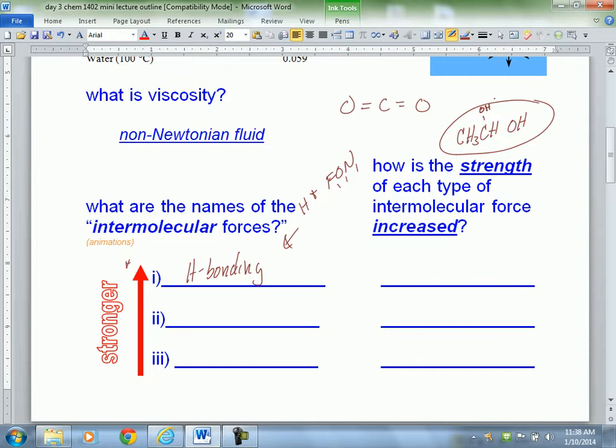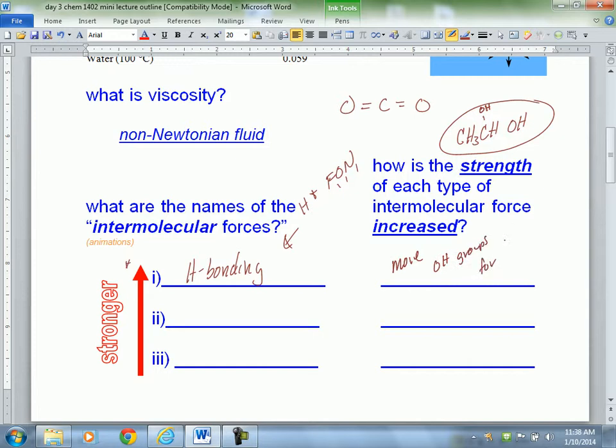Does it exhibit more hydrogen bonding? Yeah, because now we've got two OHs. There's two spots for it to do its intermolecular force attraction thing. So that's one way to have more hydrogen bonding. Just have more OH groups, for example.